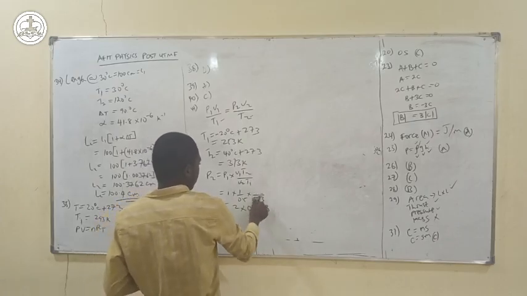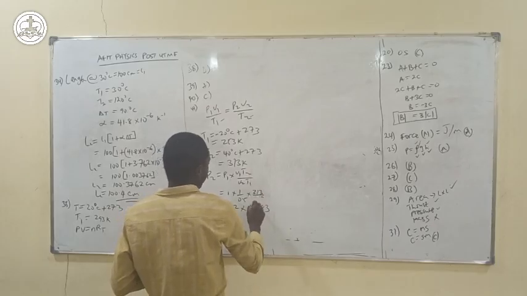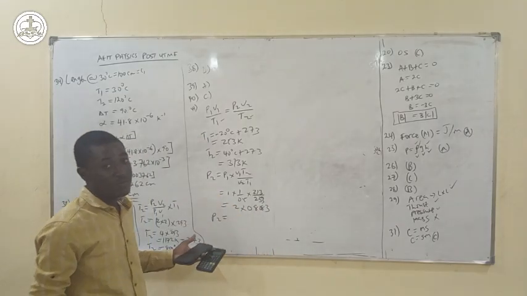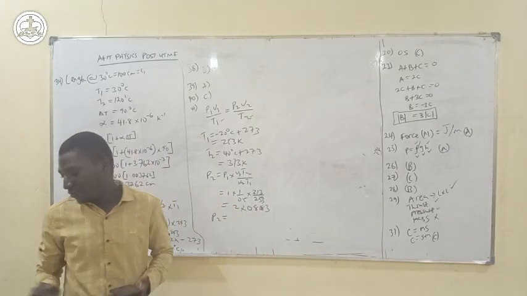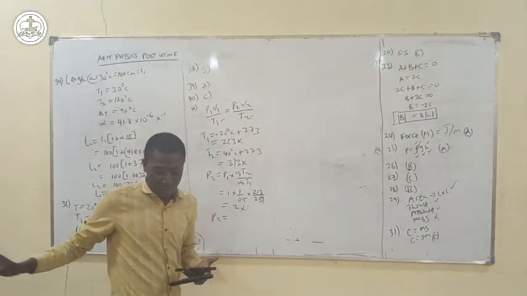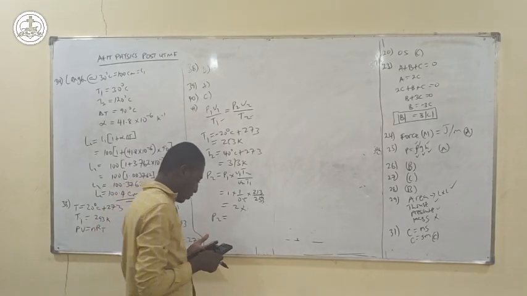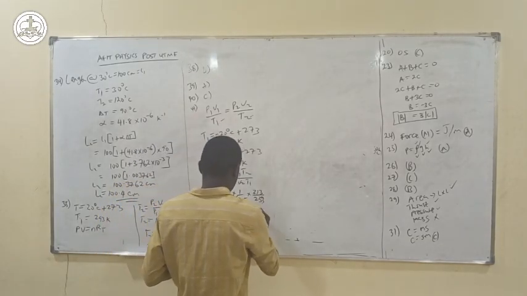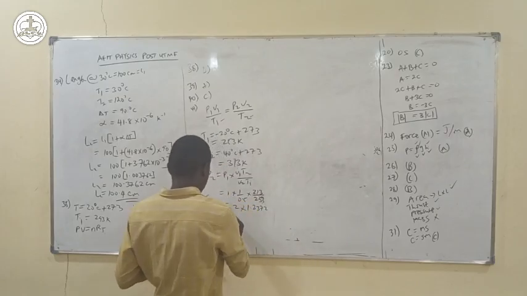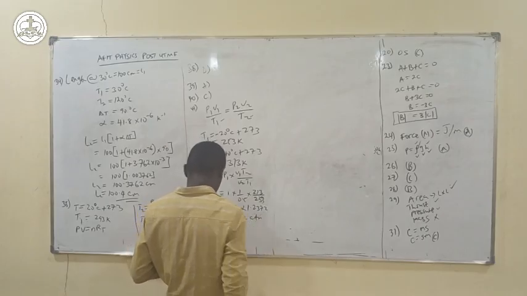Sorry, I made a mistake earlier. This is 313 over 253. Please be careful, and unfortunately, you can even see this mistake as an answer. So just be careful. 313 divided by 253 is 1.2372, times 2. What do you have? 2.47 atmospheres.